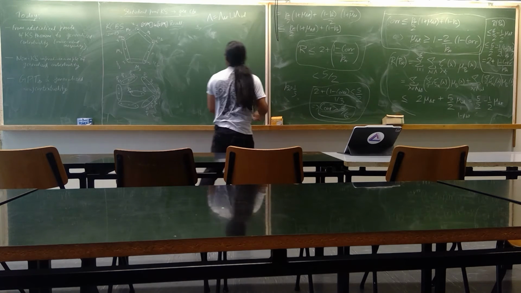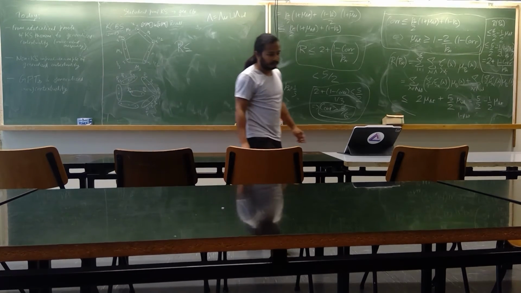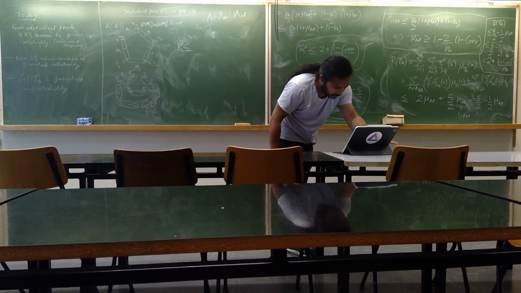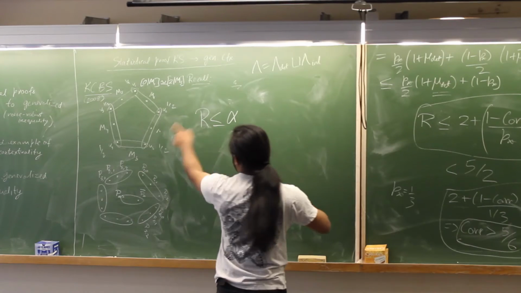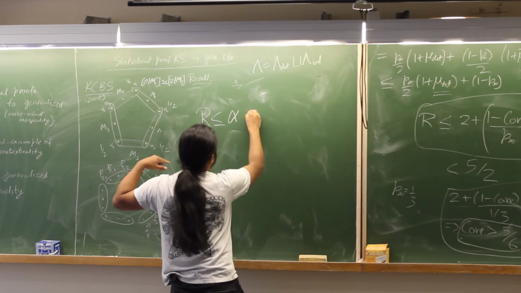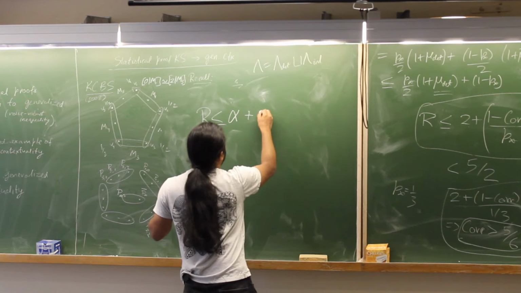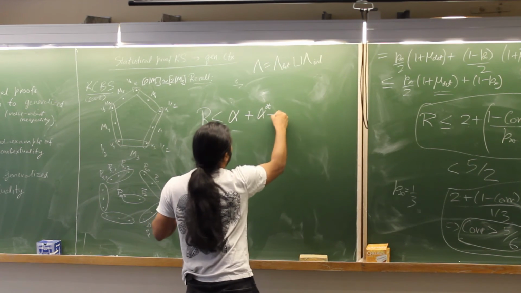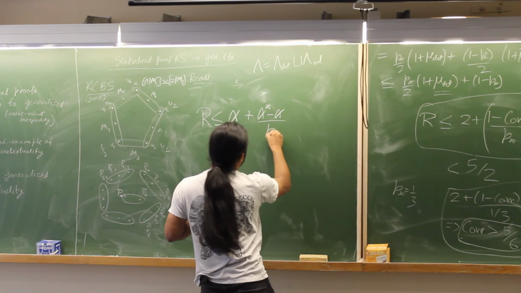You can just show some general bounds which look like alpha. Alpha, remember, was the independence number, the number of non-adjacent vertices, and that was the original thing. And then alpha star minus alpha over p star.